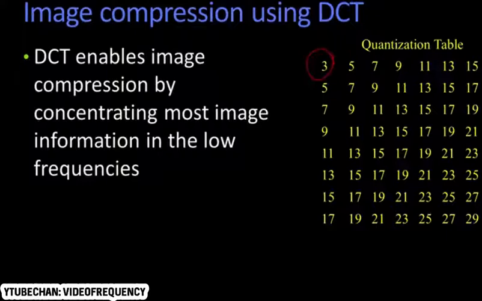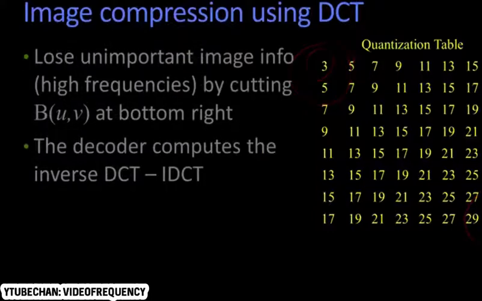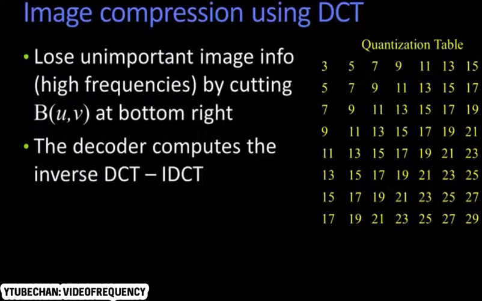So in other words, you're doing more representation of the top left-hand corner than you are of the bottom right-hand corner. Okay? And so what that means is you lose information, but you're mostly losing the information down here. Okay? And the same way, by the way, that you do the inverse Fourier transform, given the spectrum, you can reconstruct the signal, the same is true of the DCT.